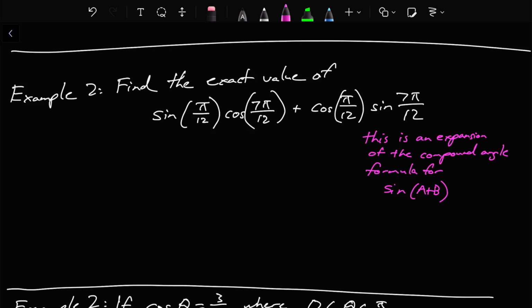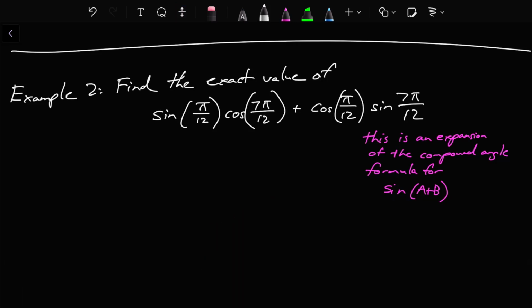Cool. Which is good, because it means that we can replace all of this with a nice angle expansion. So we can say this whole thing is equal to, well, this is A, and this is B.